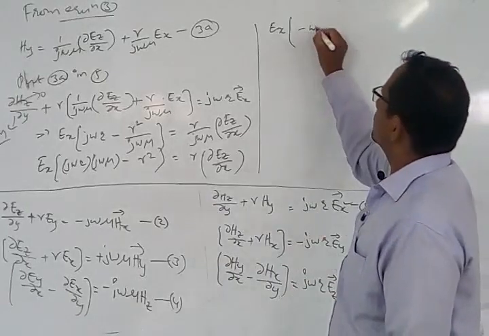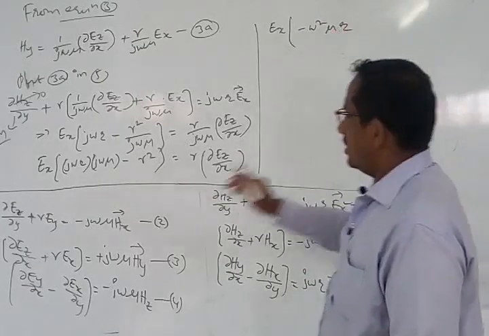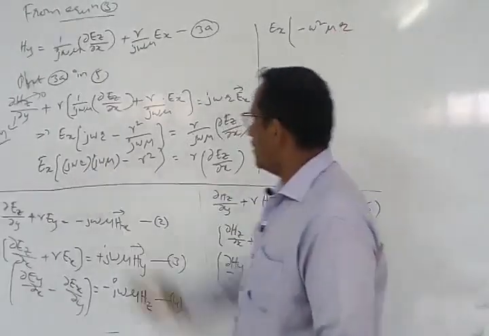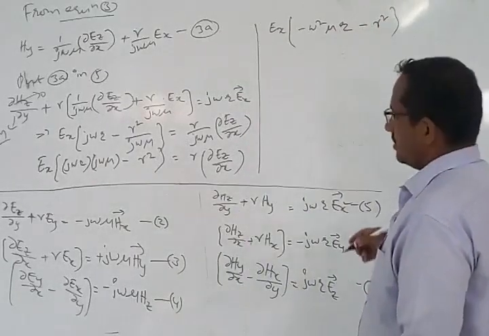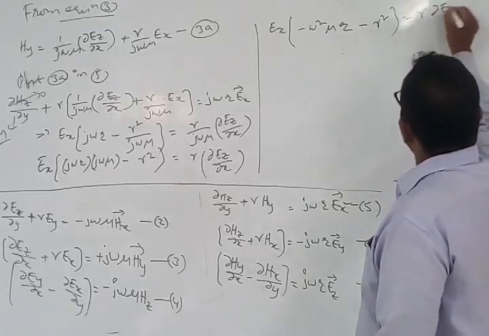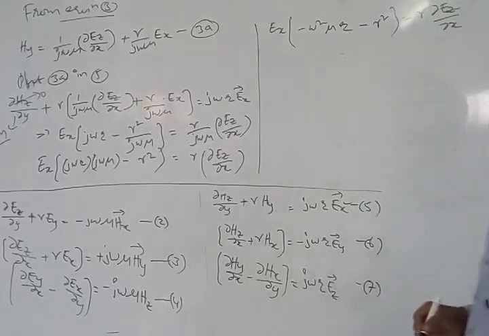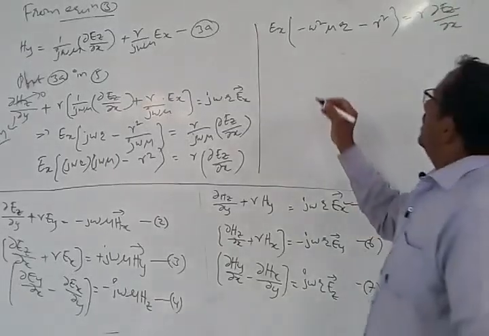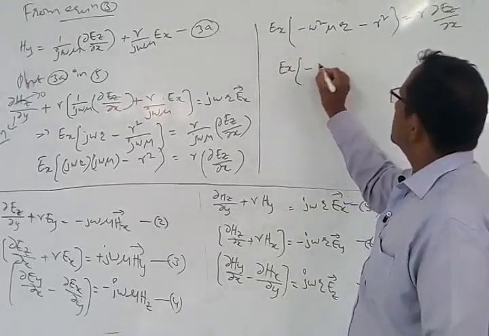So minus omega square mu epsilon, I have mu epsilon minus gamma square, is equal to gamma into dou Ez by dou x. Now here I can write this as Ex of, I can take this minus common.